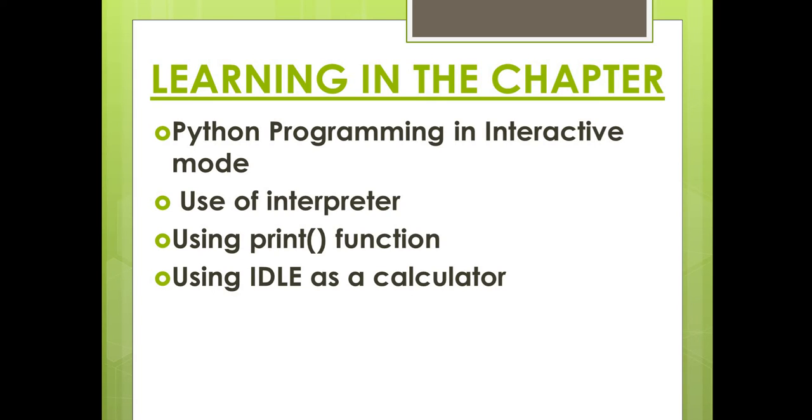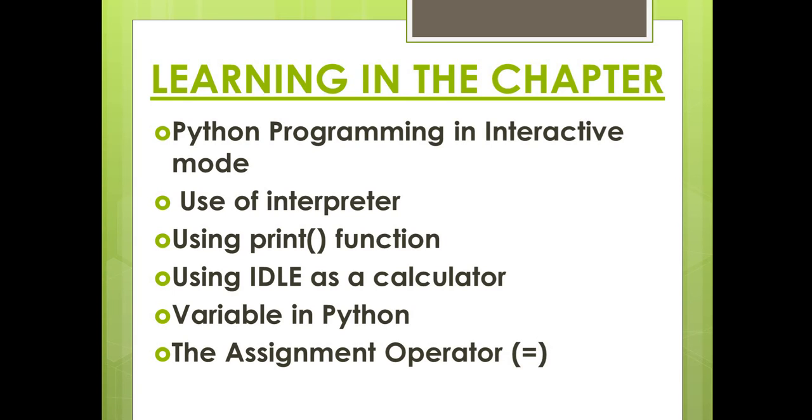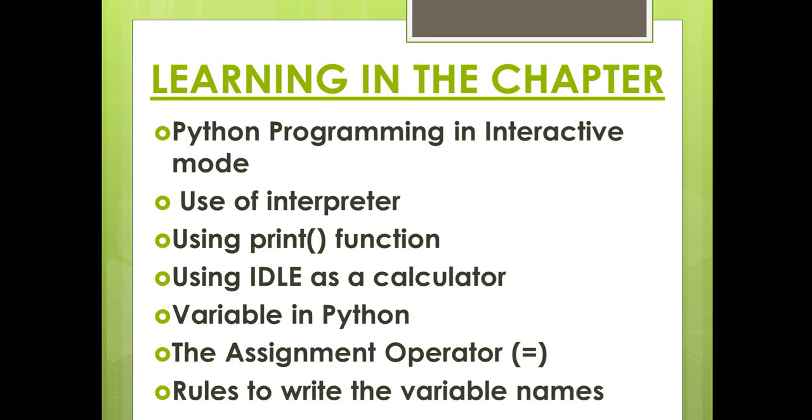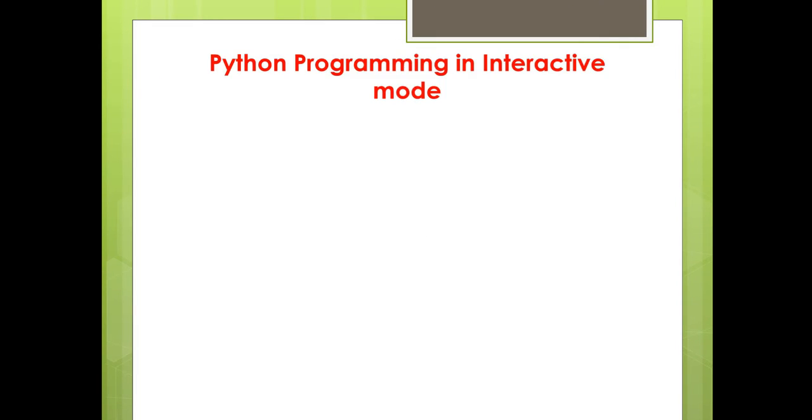The integrated development learning environment in Python, how we can use that IDLE as a calculator. And we are going to learn about variables in Python, the assignment operator, and the rules to write the variable names. Let us begin with the first one, that is Python programming in interactive mode.